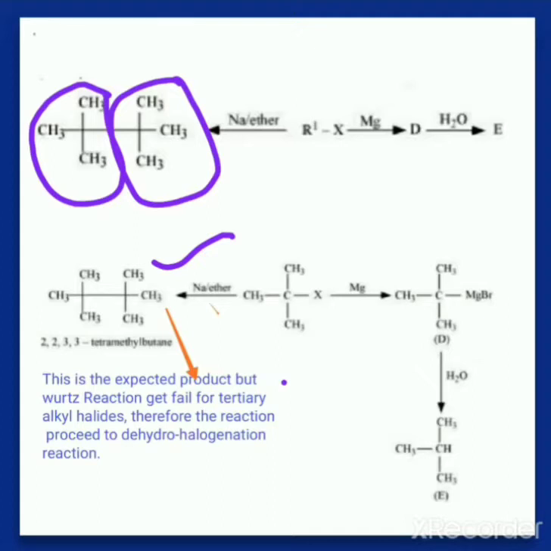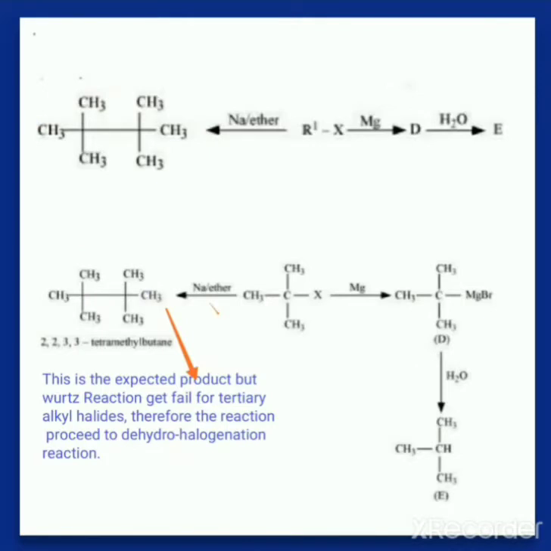Therefore, the reaction proceeds to a dehydrohalogenation reaction. That means this product is a mistake here. This product will not be formed. Instead of this, a dehydrohalogenation reaction takes place. So this is the answer for this question.